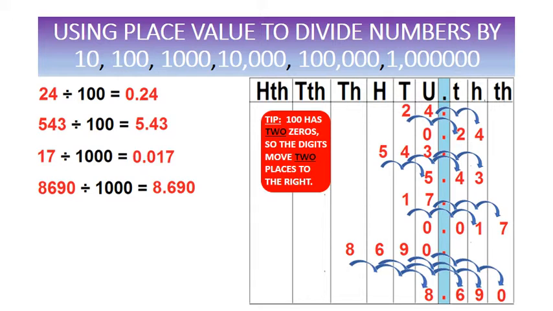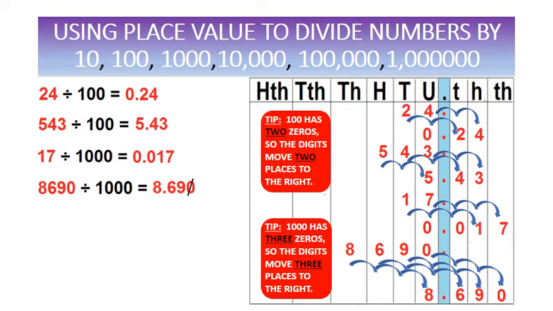Now, we don't actually need to keep the 0 at the end because a 0 at the end of a decimal number has no value. So actually we could say that the answer is 8.69. Leaving the 0 on is not a problem. And here, hopefully we can see that 1,000 has got 3 zeros and we've moved the digits 3 places to the right. So 3 zeros, 3 places.